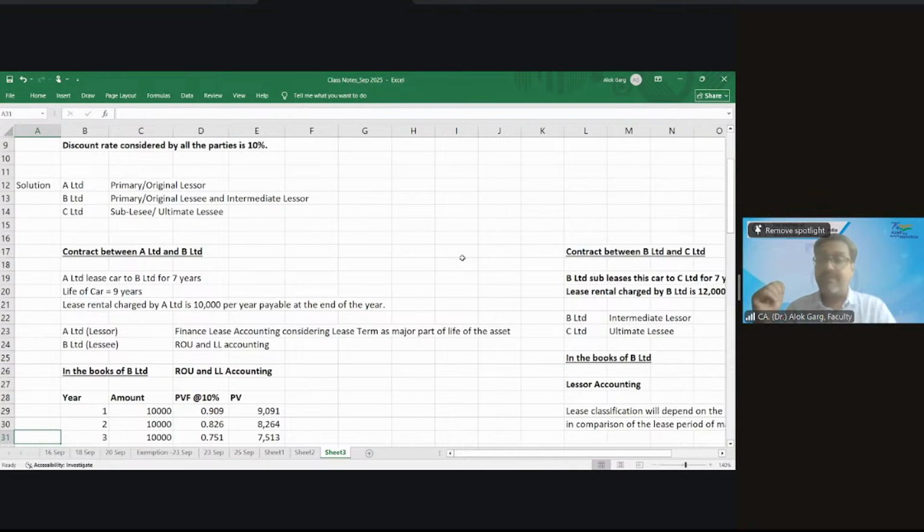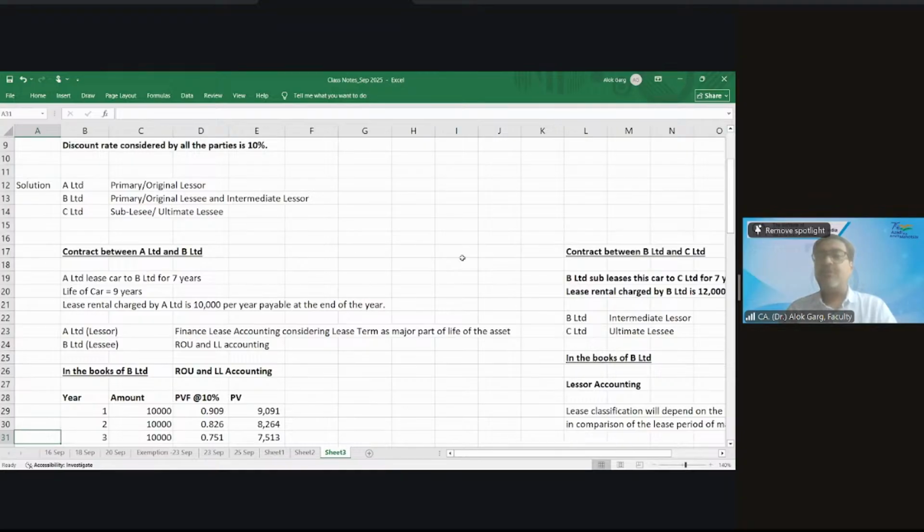You remember those 5 conditions? There is an option of transferring the ownership. The lease payments are substantially equivalent to the fair value of the asset. The lease term should cover a major part of the economic life. Exercise price is nominal. Specialized equipment. You remember those 5 conditions of lease? Yes, sir.